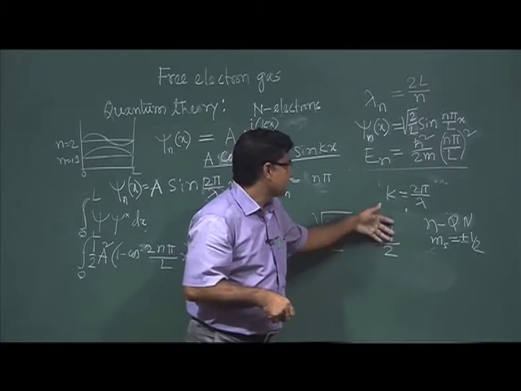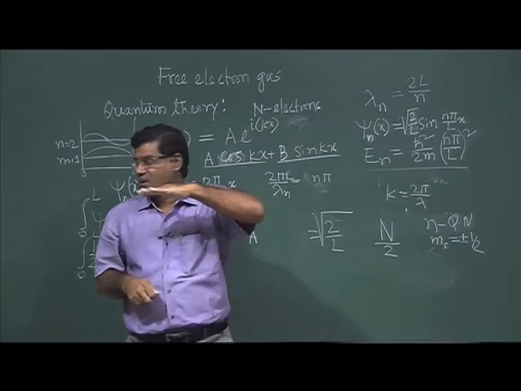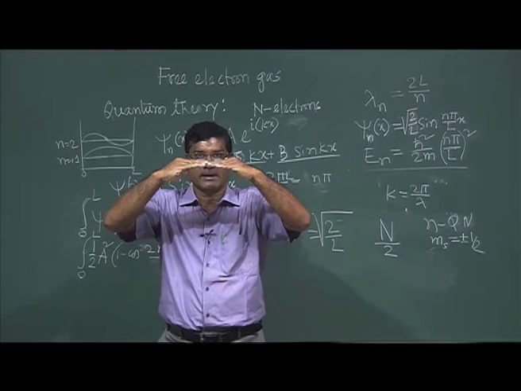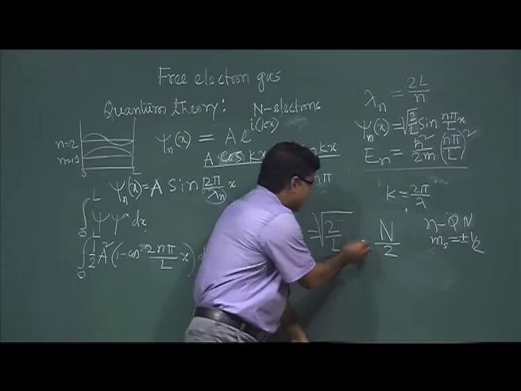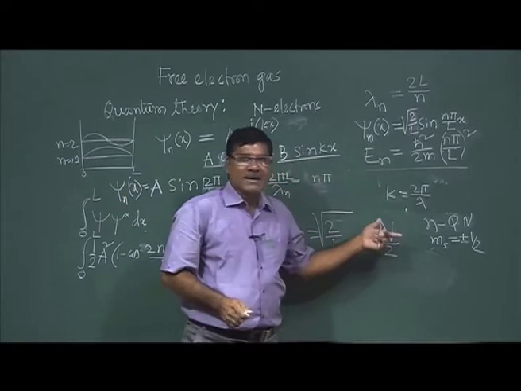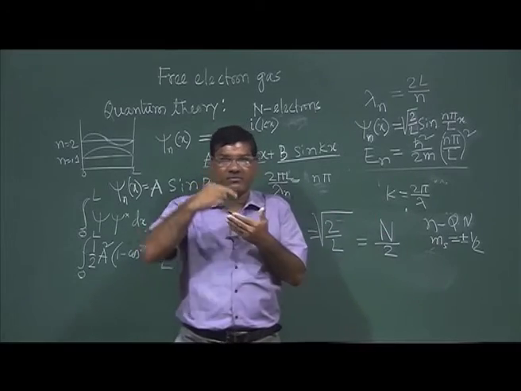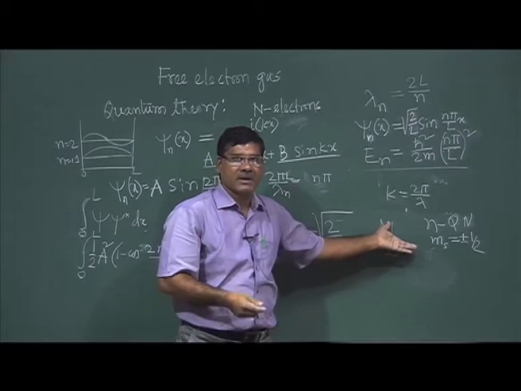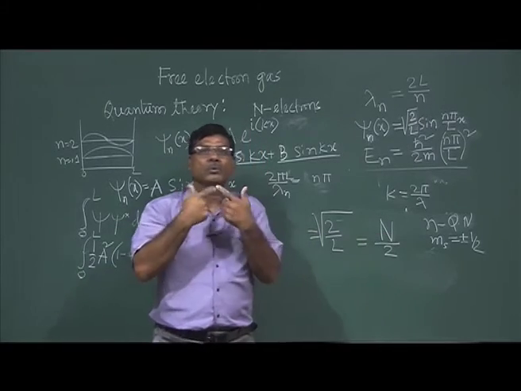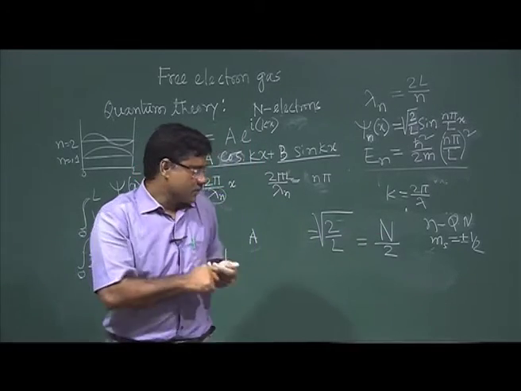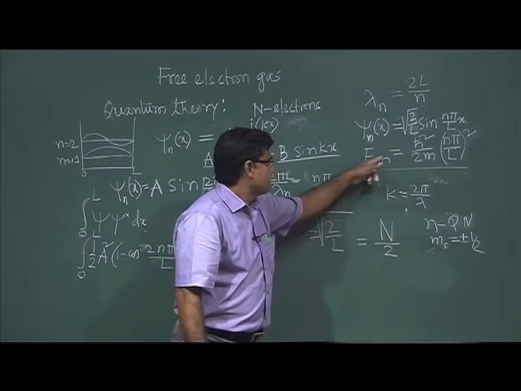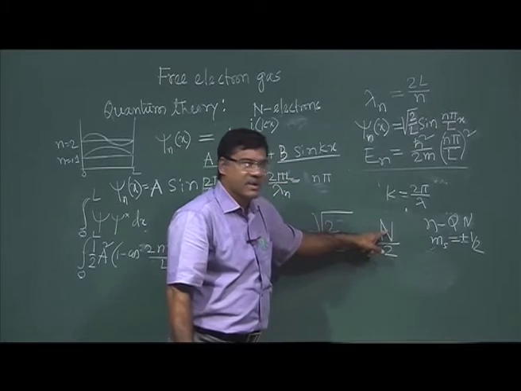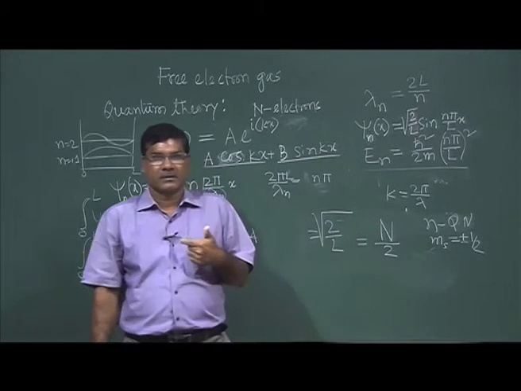So, what will be the uppermost filled level? That will be the uppermost filled level, because I need N by 2 number of orbitals to put N number of electrons there, because in each orbital 2 electrons are there, right. So, I need basically capital N by 2 number of orbitals.